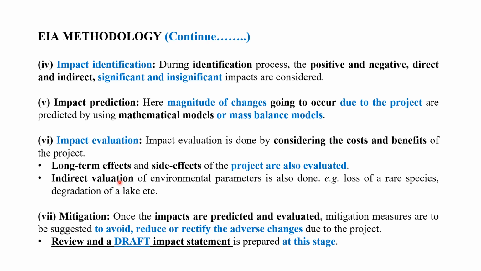EIA is the data collection, and once you prepare the report, that is called the environmental impact statement. Up to here, up to these seven points, we compile the reports in the form of a document called the draft impact assessment.